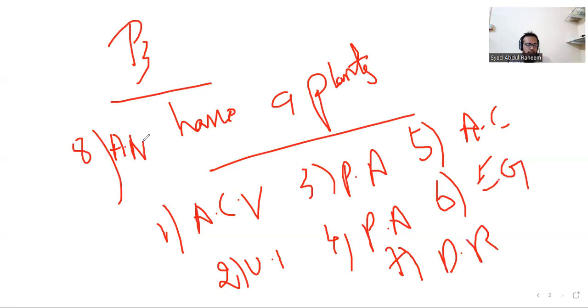So these are the 8 plants, and the ninth plant which is present in P3 is Hydrastis canadensis.